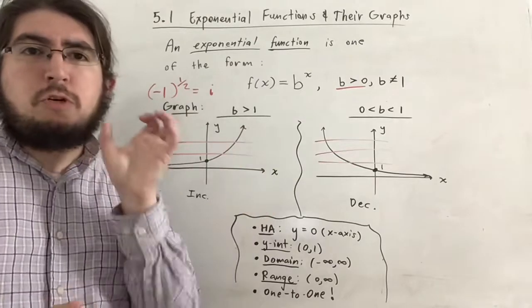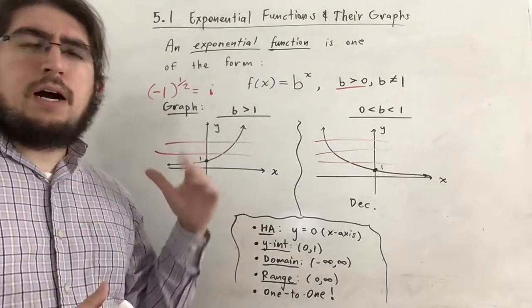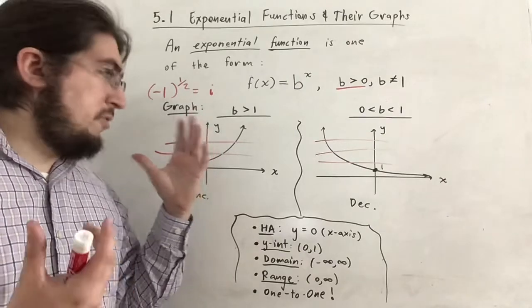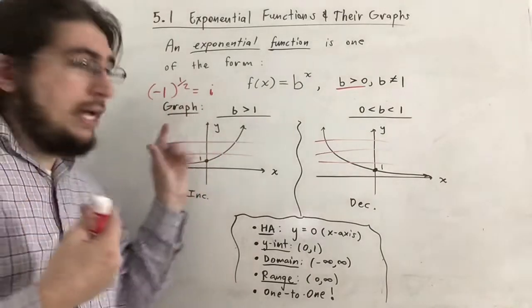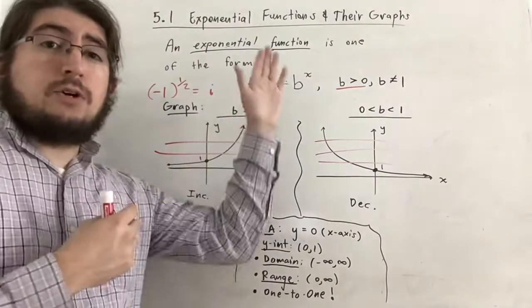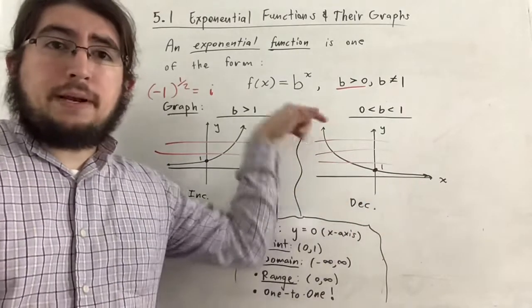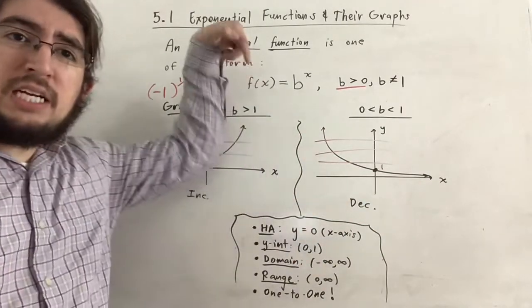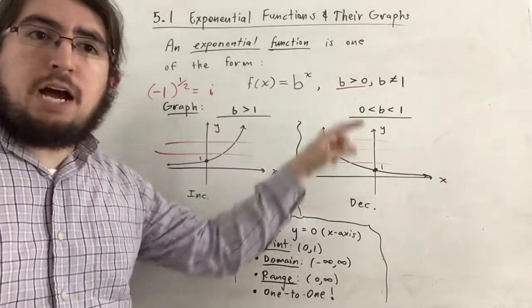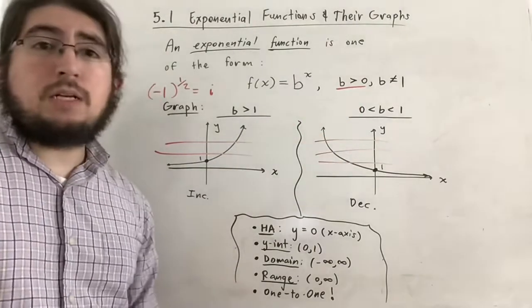Let's say you stick with 3 as your base. As the power gets larger and larger, 3 to that number will get larger and larger as well. On the other hand, if you pick something less than 1, the opposite will happen. It'll keep decreasing. Since it continuously decreases, there's no up and down movement, so there's no way it can fail the horizontal line test, which makes it a 1-to-1 function.